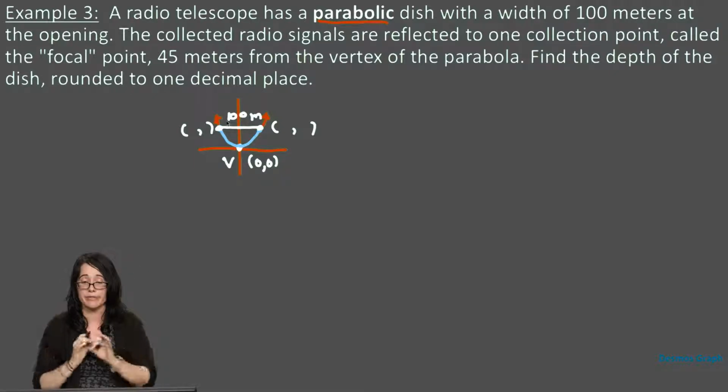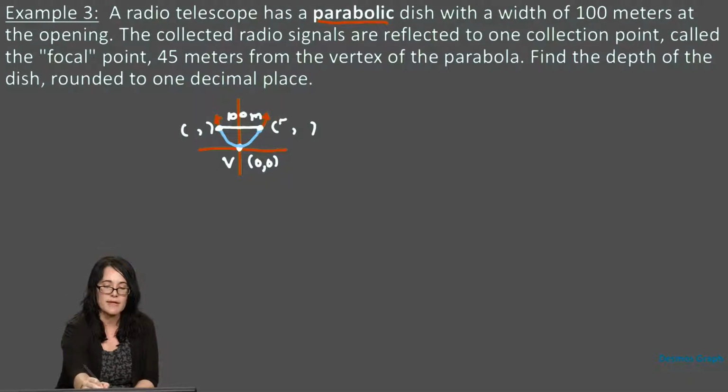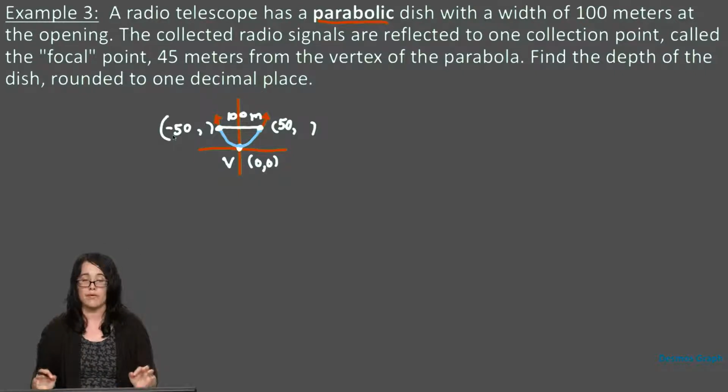Supposing, of course, that we had centered this vertex at the origin. Well, you would know that this x value is at x equals 50. And this one here would be at negative 50, wouldn't it? Now, that's really important information. We're told 2 points on our parabola. That might be helpful to us.